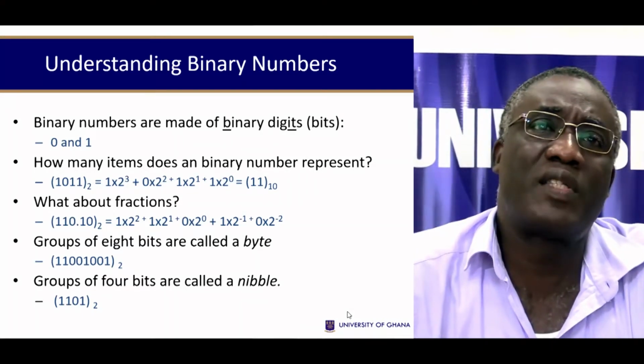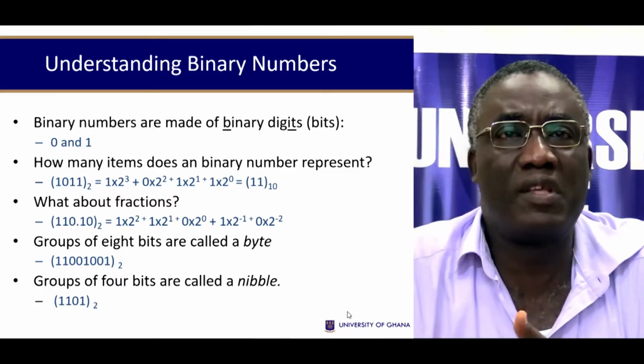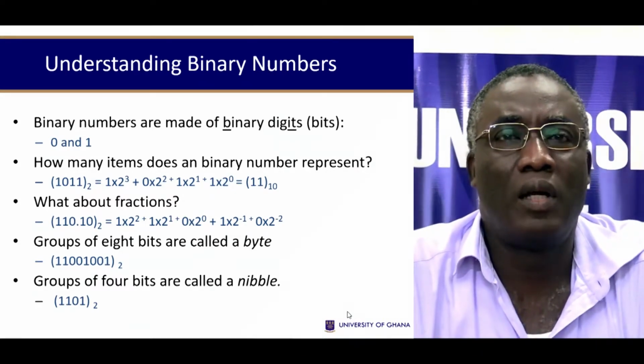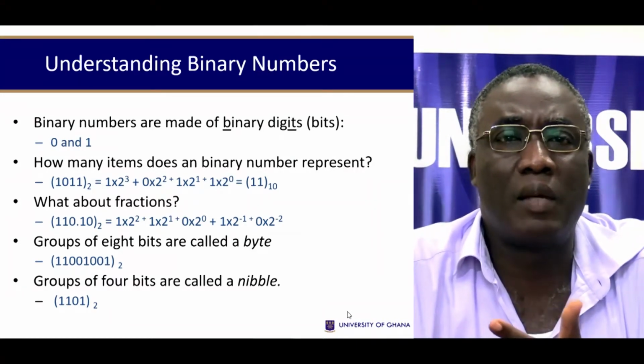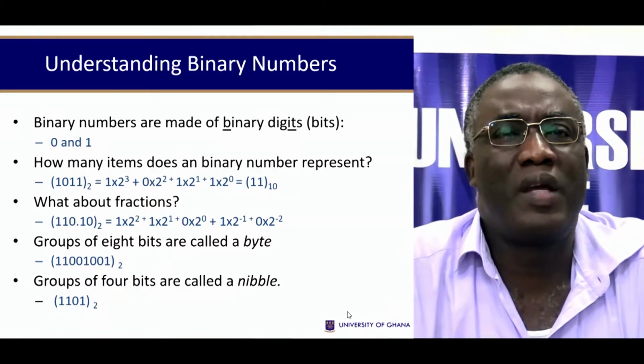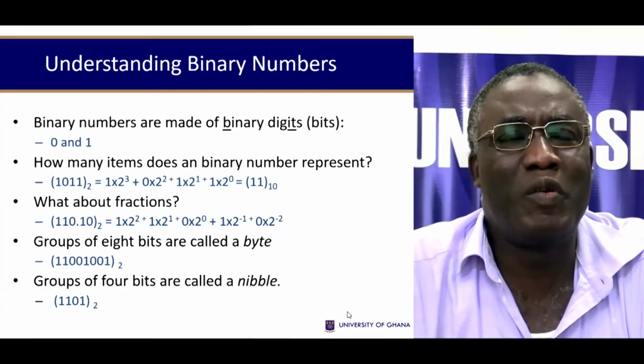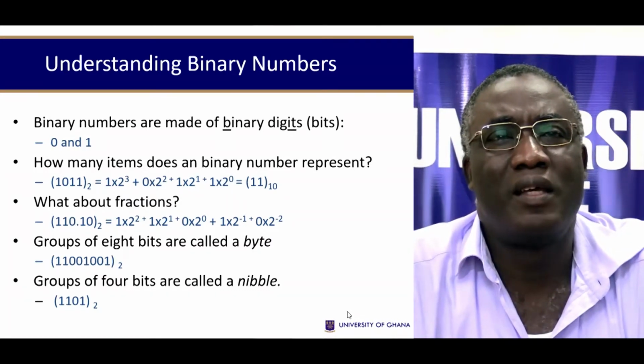If you think of water, you know that water can have 3 states: solid, liquid, and vapor. But really, how are you going to use water to represent anything on a machine like a computer?